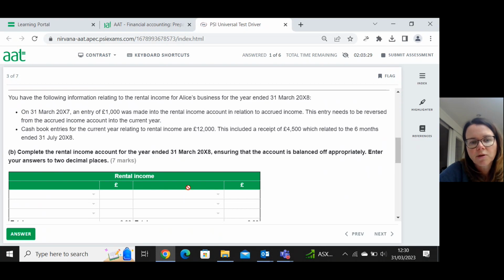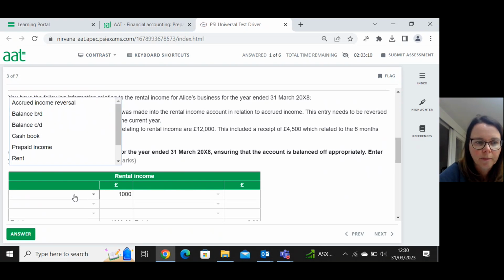So in the previous year, we would have gone credit rental income, debit accrued income. So now we have to reverse that, which means that our accrued income reversal will be on the debit side of this account.